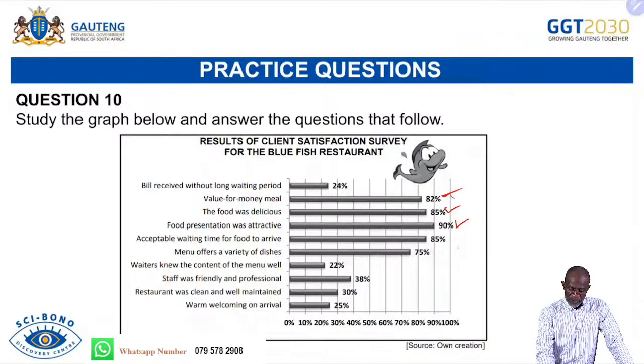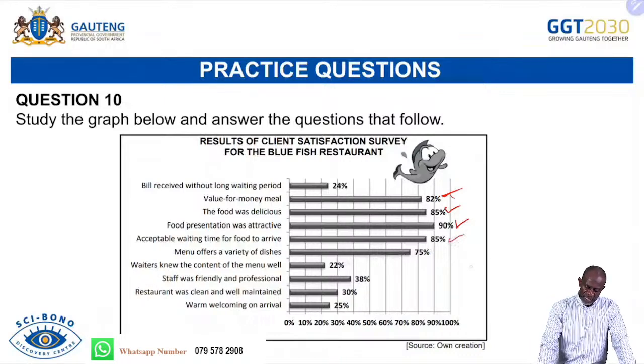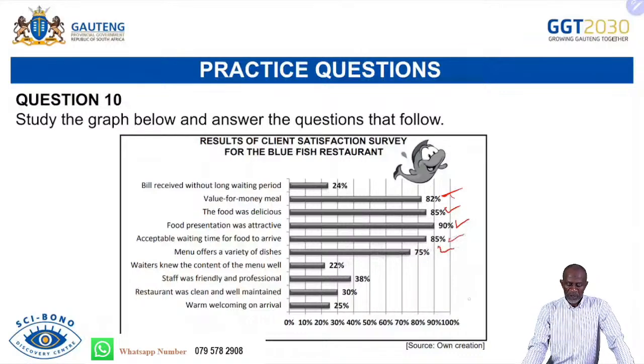Acceptable waiting time for food, because they are the chefs that prepare this, and the team also, it's rated high. It's mostly rated. Menu offers a variety of dishes. This is also their territory if they are able to cook and prepare a variety of dishes.